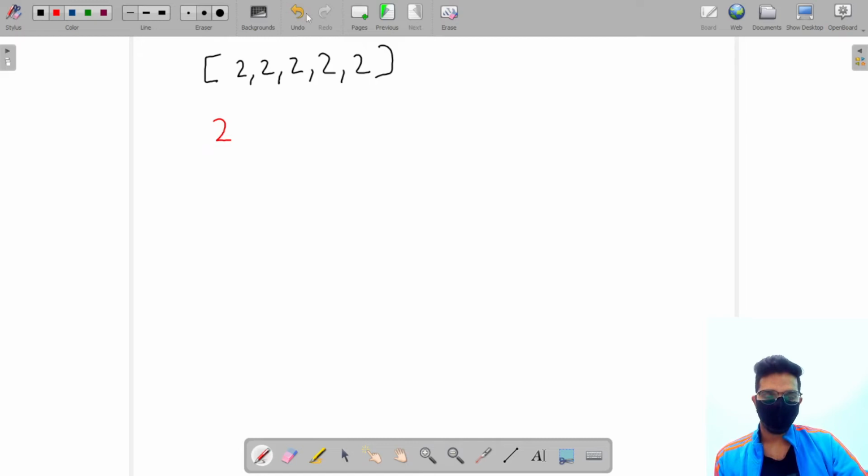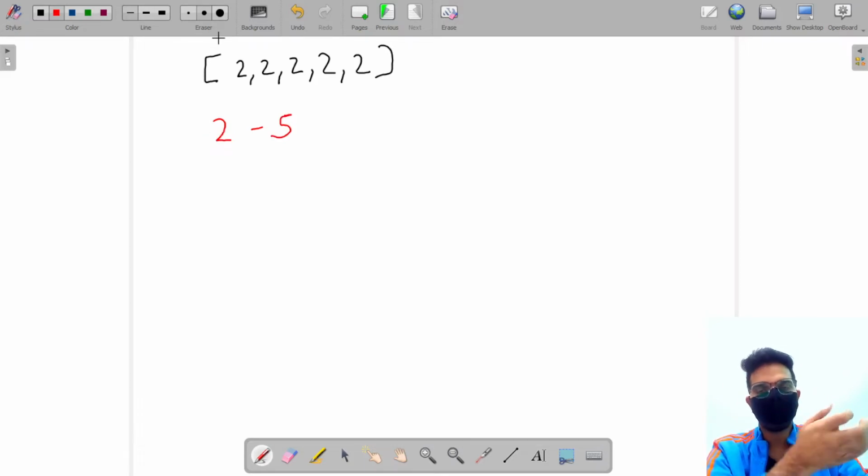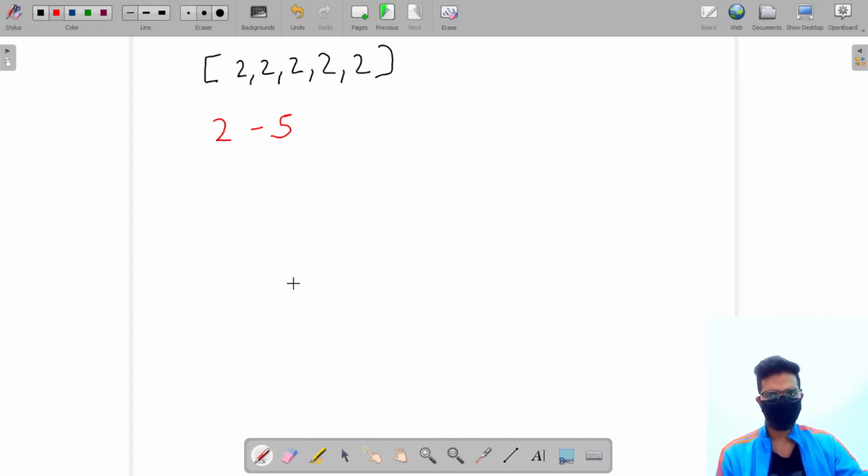There are five rabbits that are saying that they know two more rabbits exist of the same color as them. How many rabbits are saying? Five. Right? Is it the same thing? So here what is mentioned is what the rabbits are saying, the value stored, that is how many rabbits exist which got the same color as them. And here I simply wrote the number of rabbits.